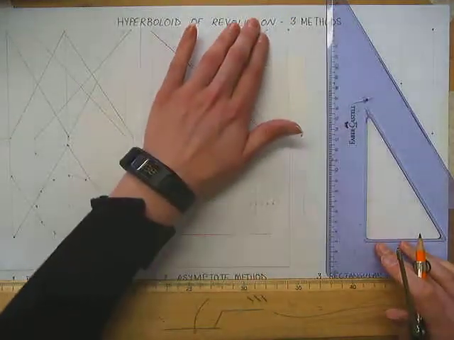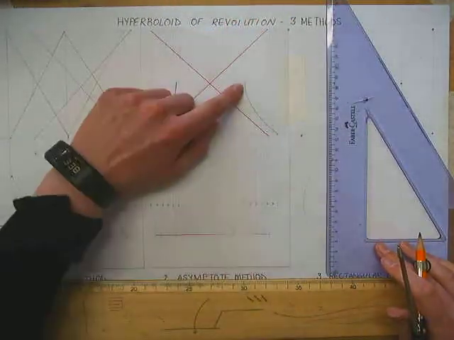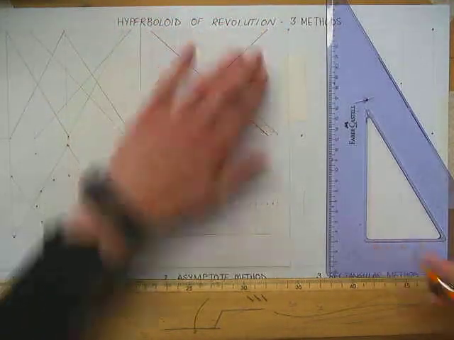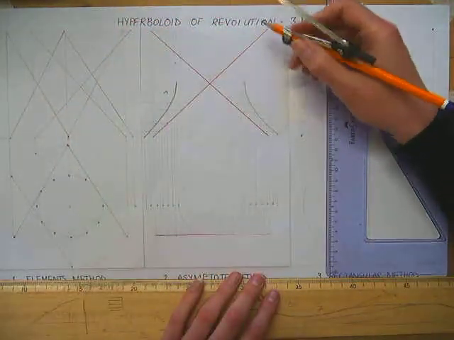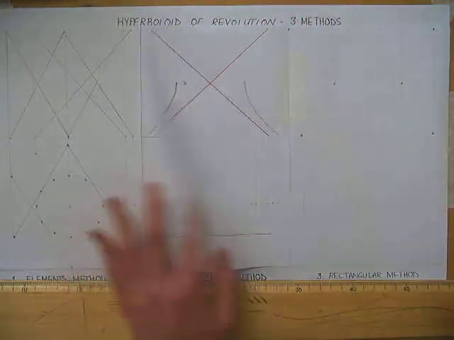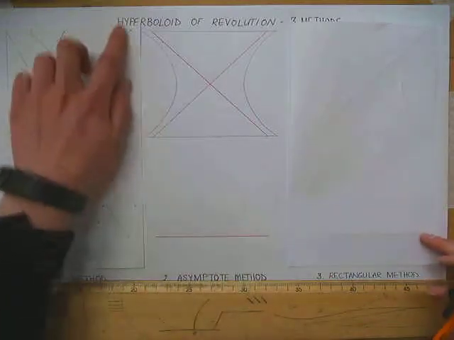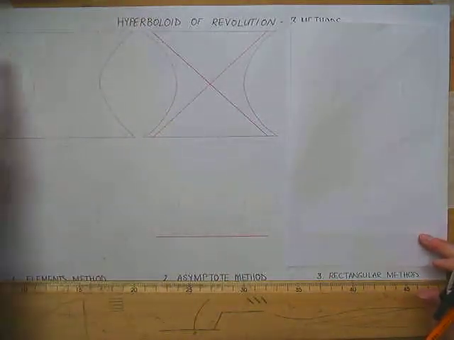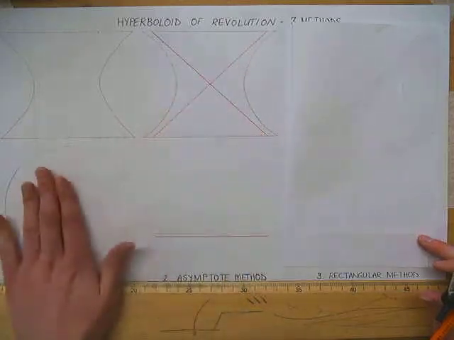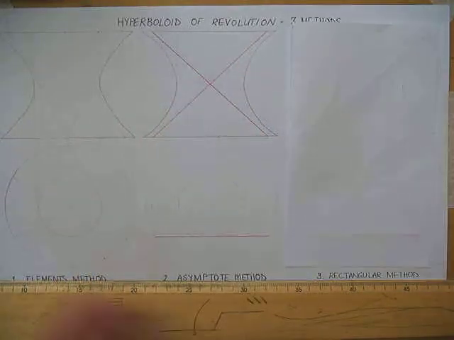Again, you can continue this on up the other side by, again, finding the points on the asymptote, bring them across and bring your points up to meet it, and you'll be able to finish off the curve on both sides. When you are complete, you should have something like this. Again, the two curves are exactly identical, so it really doesn't matter which method you're choosing.